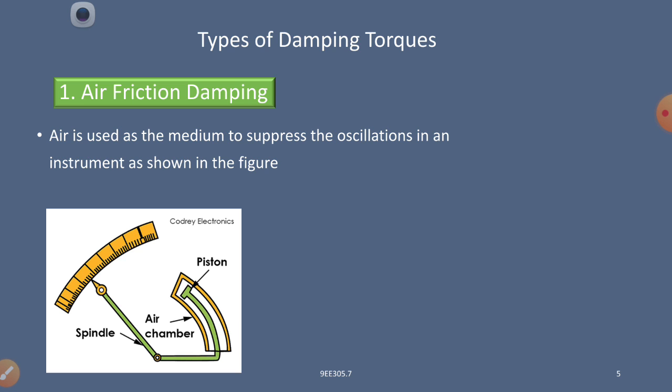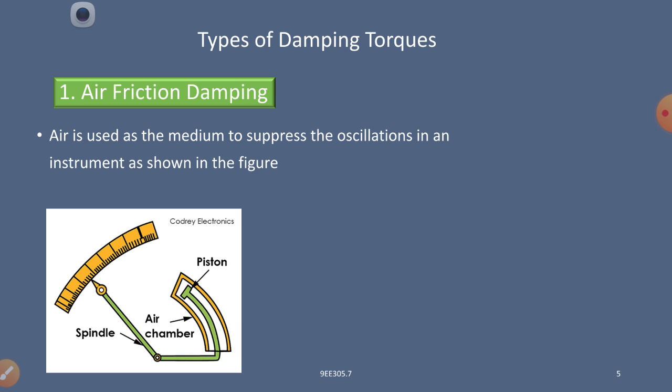Now there are two opposing torques to the deflecting torque, one is the controlling torque, another is the damping torque. Whenever the deflecting torque is equal to the sum of the controlling torque and the damping torque, then the pointer will be stable. Due to the conflict between the deflecting torque and controlling torque, there is a tendency toward oscillations, so the pointer will oscillate.